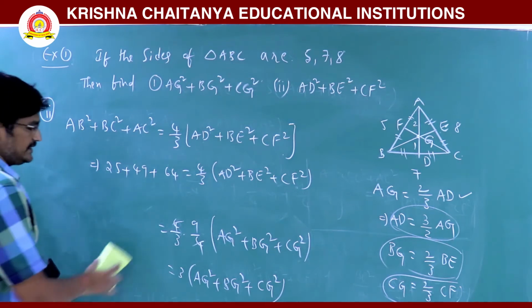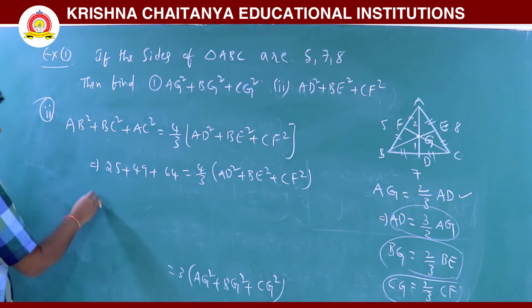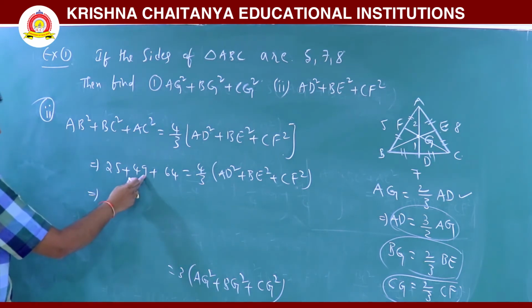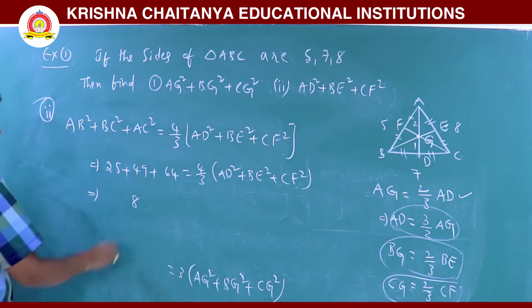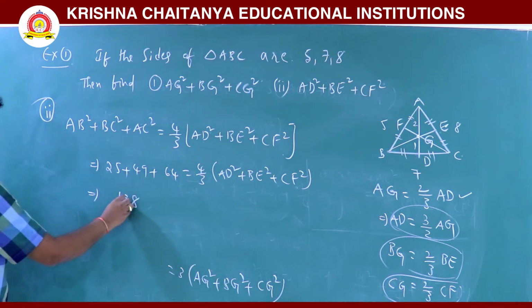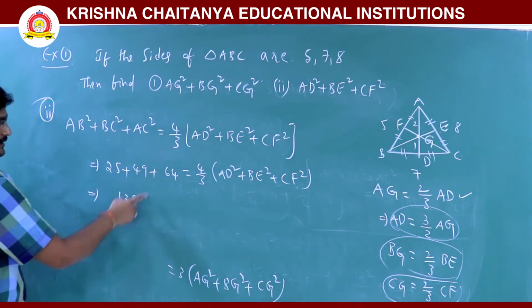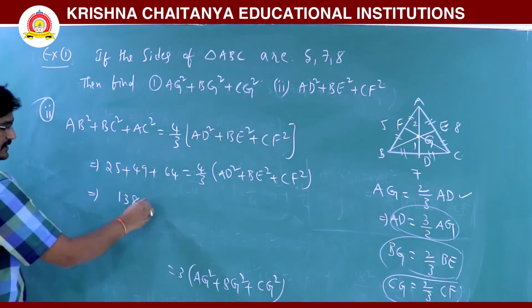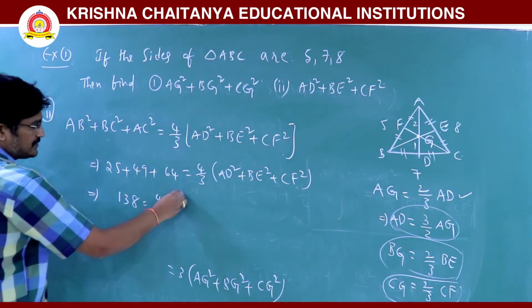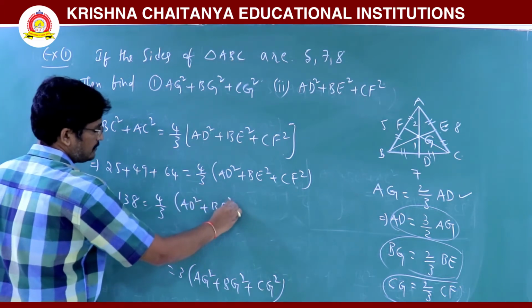This implies, by adding these 3, 25 plus 49 plus 64 is 138, equal to 4 by 3 times of AD square plus BE square plus CF square.